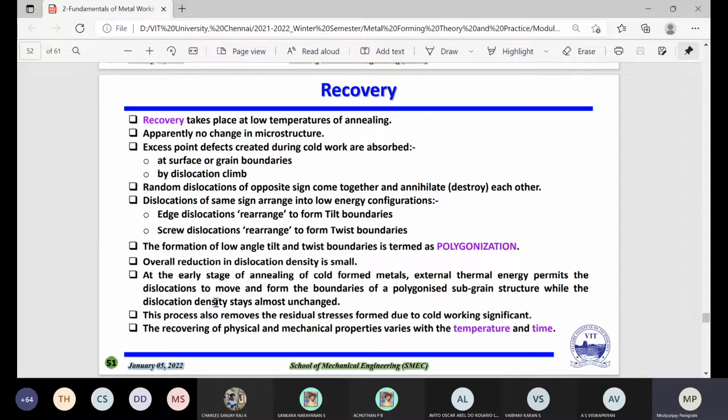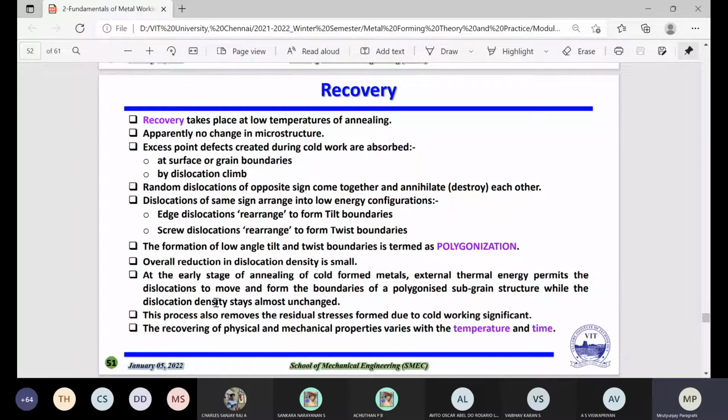Okay, and the recovery we are talking about here basically depends upon the temperature and the time. Up to now we have discussed temperature, but I am still focusing on temperature and time, because within that period also, for example, let's say we are taking the holding time as 1 hour, or maybe increasing the temperature up to 1 hour.